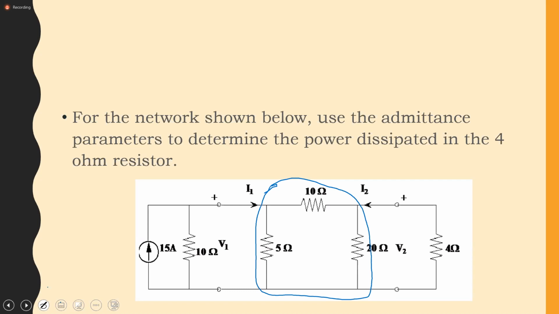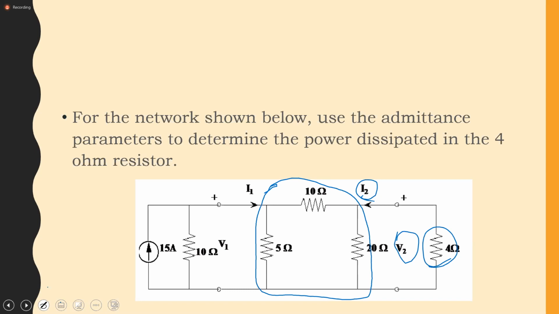So looking at what we have here, what would be the relationship between the 4 ohm resistor, V2, and I2? What would be the relationship between those three? Anybody?